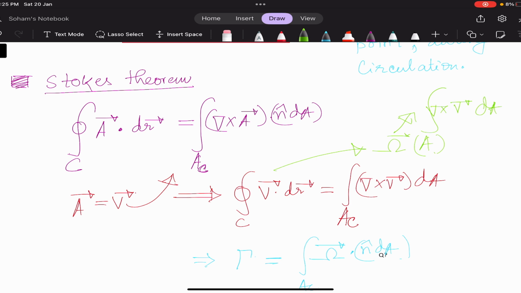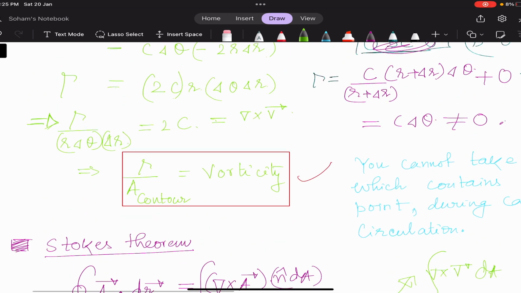Maybe you are someone who can remember the formulae better than the concepts. Then if you can remember the Stokes theorem, you can easily remember the relation between the circulation and the vorticity. Just put velocity in the Stokes theorem, right? These are the tricks that originate from the scientific concepts.